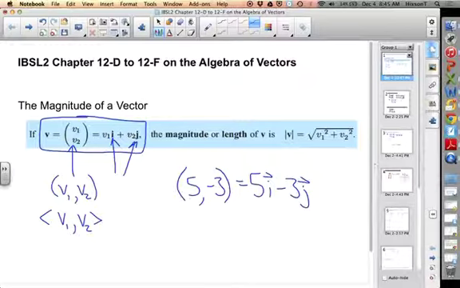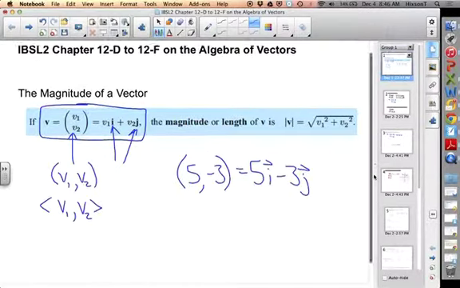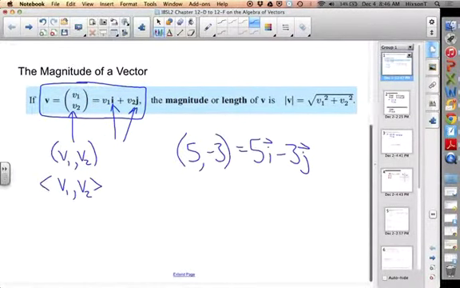The magnitude of this vector is going to be given with this formula. Now, what does that formula remind you of? Pythagorean. Good, the Pythagorean theorem, and that's exactly where this is derived from.